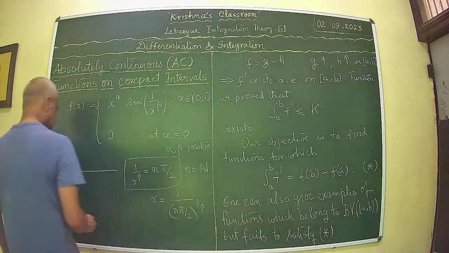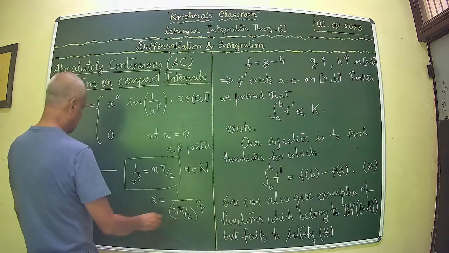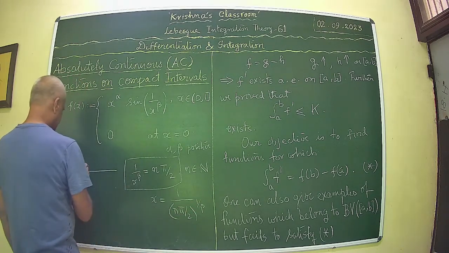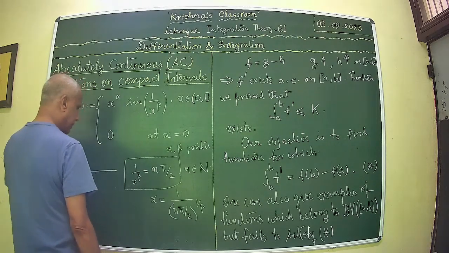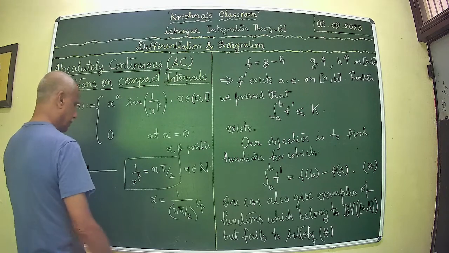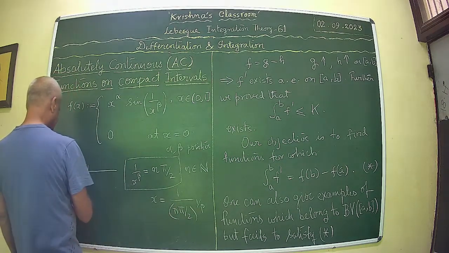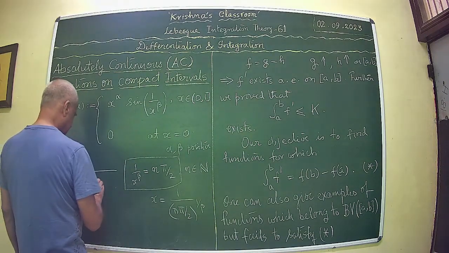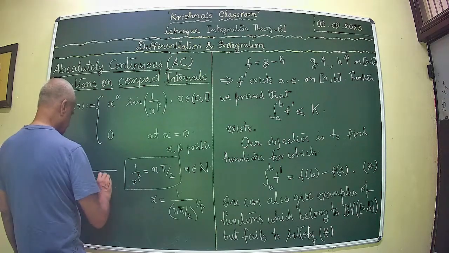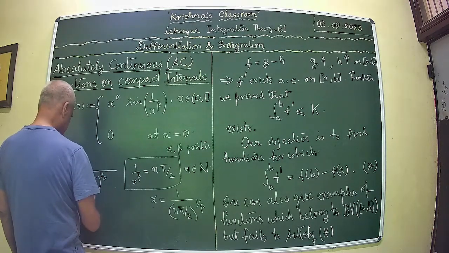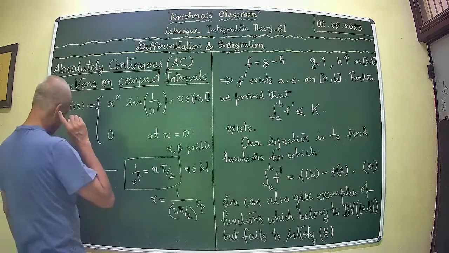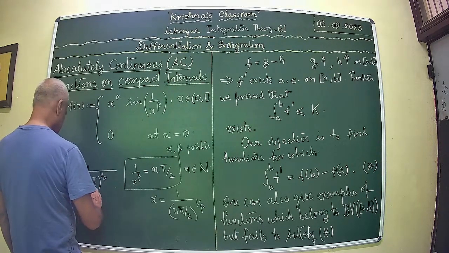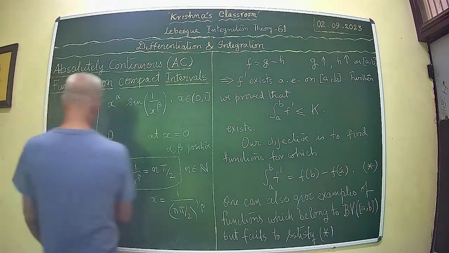So the distribution is something like this. So when n equal to 1, you get pi by 2 to the power 1 by beta. Then 2 pi by 2 or pi to the power 1 by beta, etc. It will go like this. So this is n and so on.